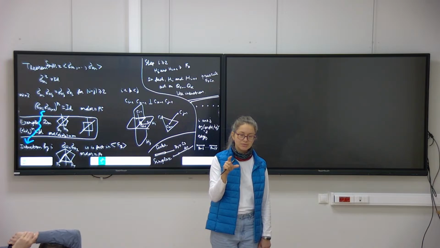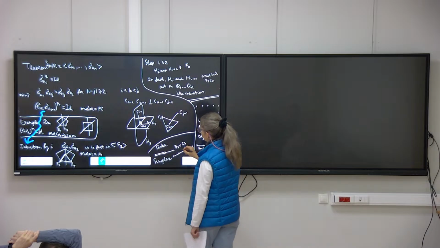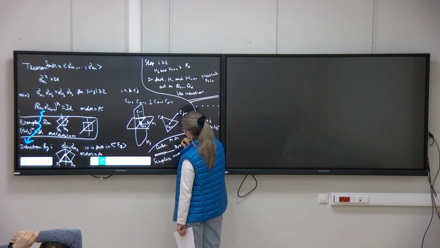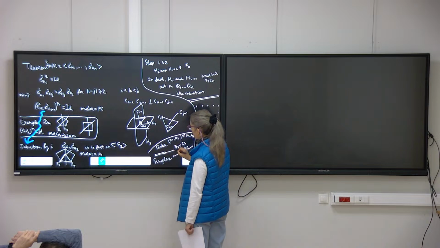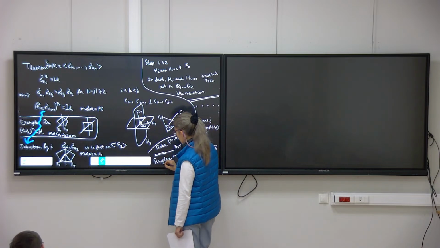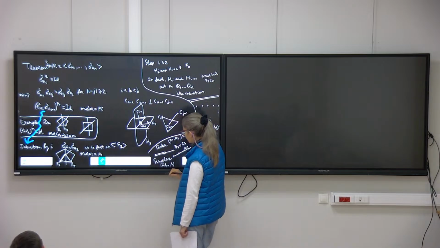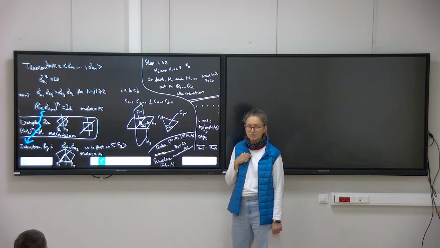So for the cube, p1, p2 were equal to 4, 3, so I write 2, 1. And for the simplex, its Schläfli symbol was 3, 3, etc., 3. So I subtract 2 and obtain 1, 1, 1, etc., 1.